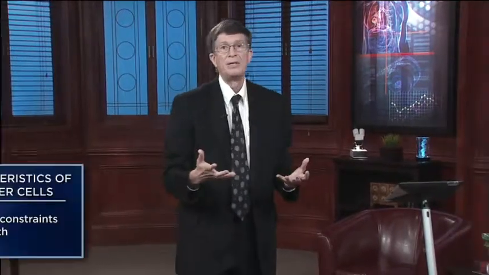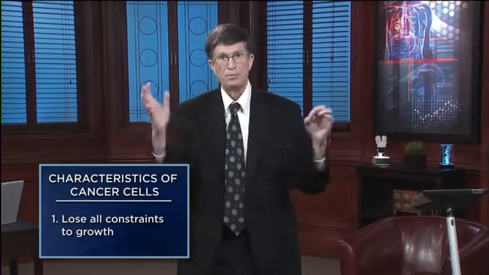The first property is that cancer cells lose all constraints to growth, growth meaning reproduction. In the lab, cancer cells overgrow. I just showed you that in the graphic that's currently there. In a tumor, cells detach in order to keep growing and to keep reproducing. They have to detach from this extracellular material that's around them.